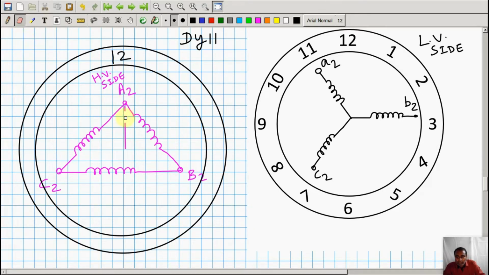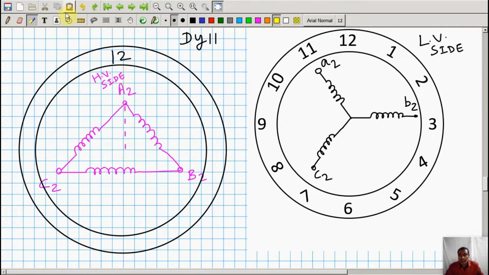Now this is some imaginary thing, so I am showing it by a dotted line. If I highlight this, you can see this is the thing pointing towards 12.